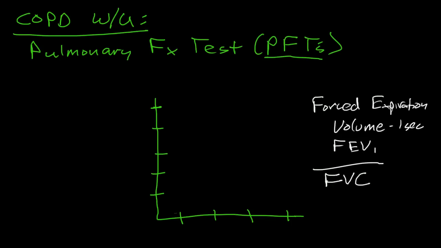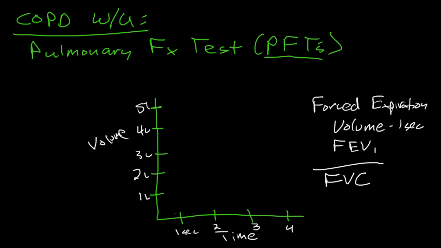Now, with a normal lung, this here is volume, and this means time: 1 second, 2 seconds, 3 seconds, 4 seconds. This is volume: 1 liter, 2 liters, 3 liters, 4 liters, 5 liters.